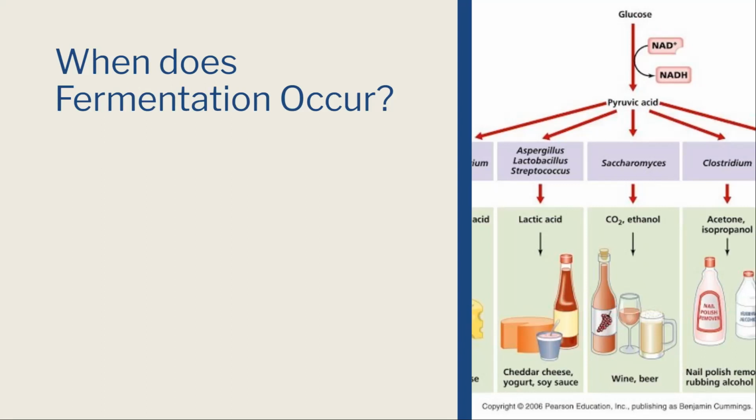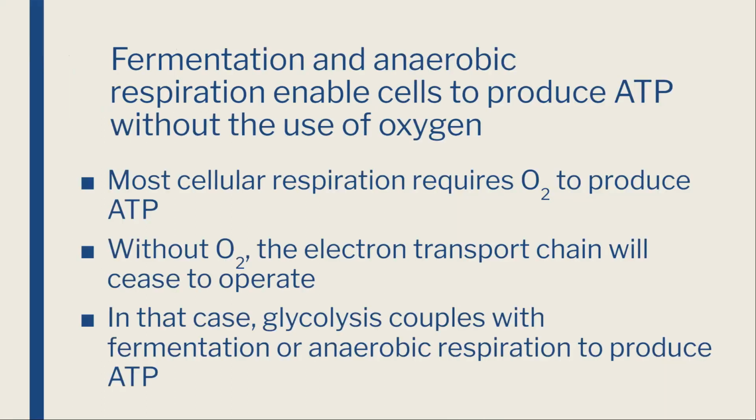So you want to think about, when does fermentation occur? Fermentation is going to be when there is no oxygen present, and it is also known as anaerobic respiration. When cells require energy, but there's no oxygen, this still allows them to get some source of ATP energy so that they can still function.